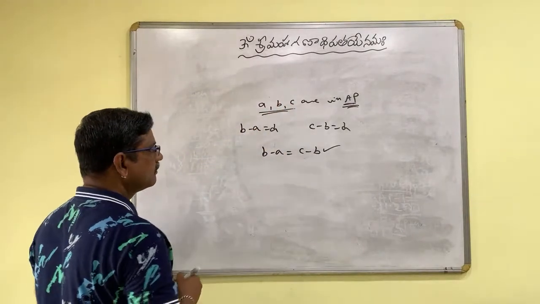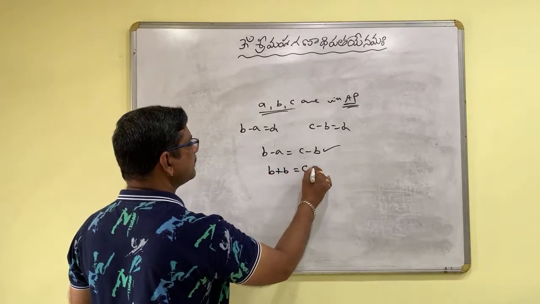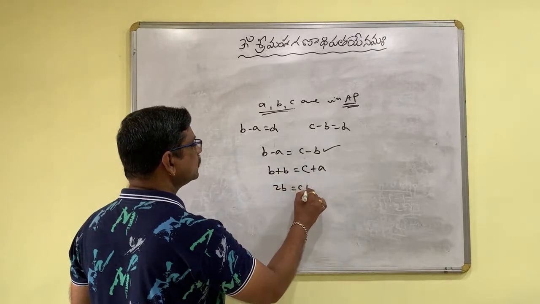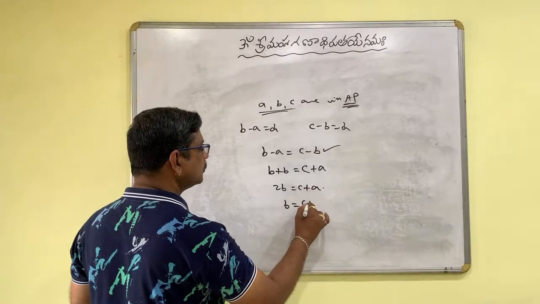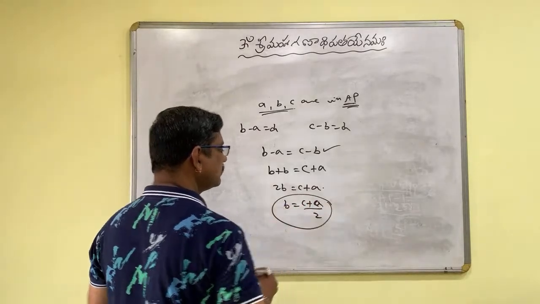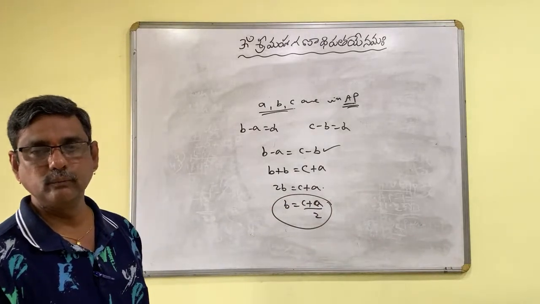Now see here, b plus b is equal to c plus a, then 2b is equal to c plus a, so b is equal to (c plus a) by 2.